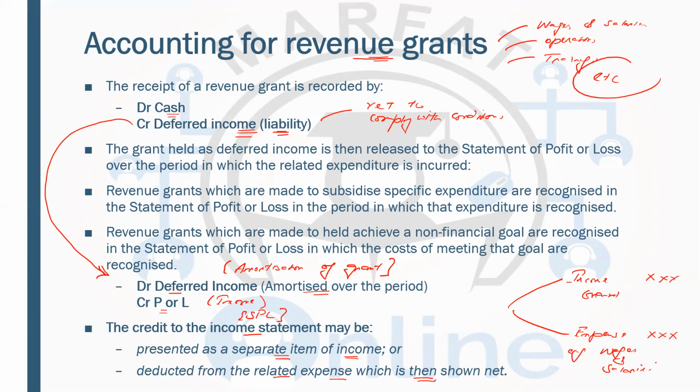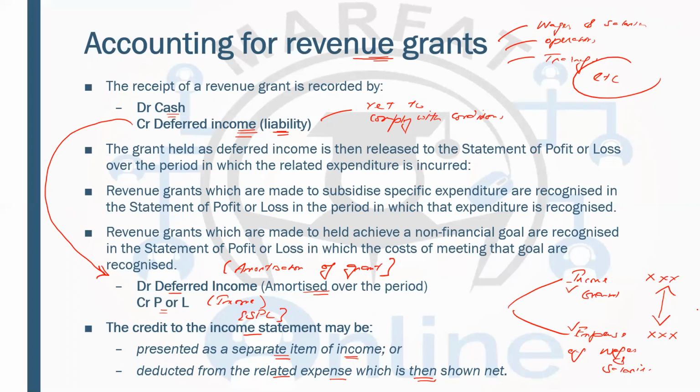Now, there are two methods. The first method is to present it as a separate income: record income and expense separately as separate heads in the statement of profit or loss. The second method is to deduct the related expense, which is then shown net of these two things.